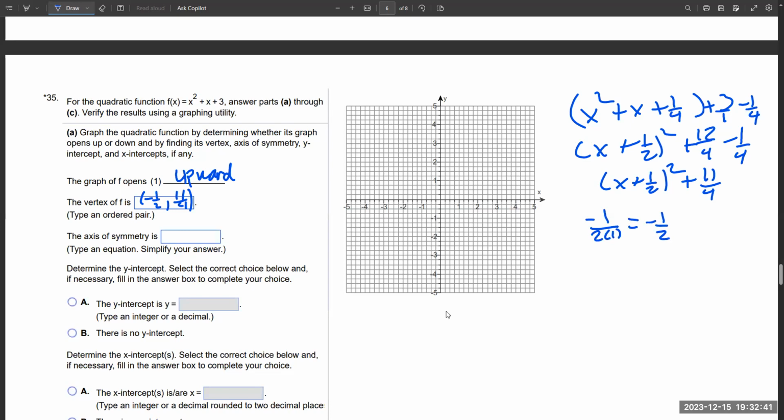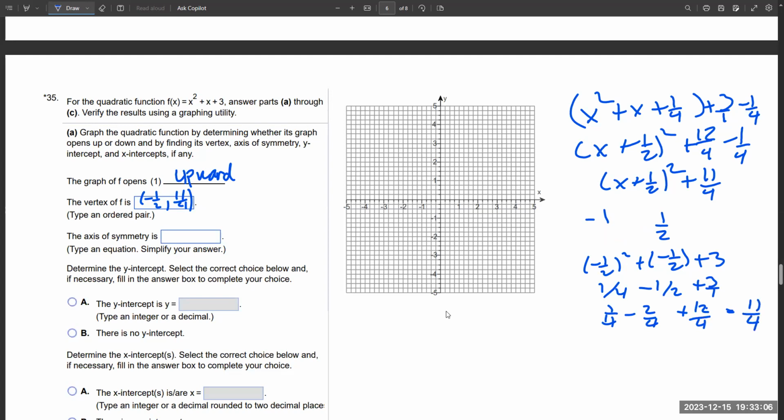Then if I stuck that -1/2 in for x, I would get 1/4 minus 1/2 plus 3/1. It's going to be 1/4 minus 2/4 plus 12/4, which is 11/4, and I can get my vertex that way.